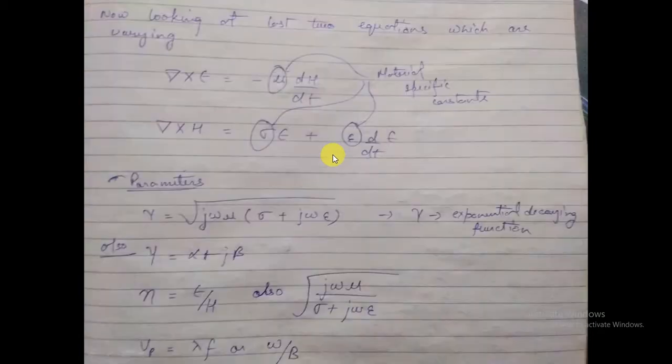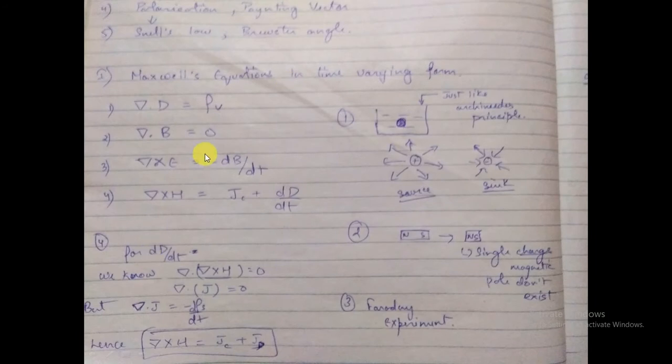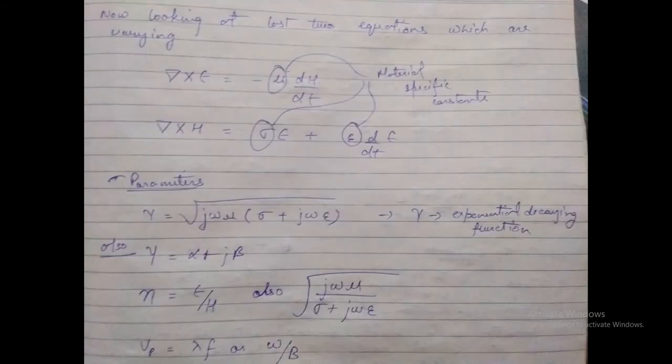Now coming to the other things. As we saw in the third and fourth equations, there was dB by dt, so we can write B equal to mu H, and from that we get mu dH by dt.